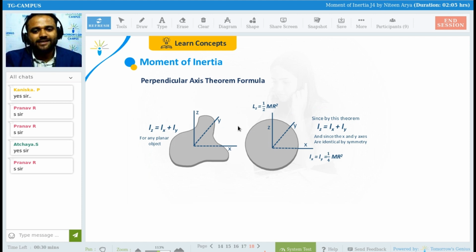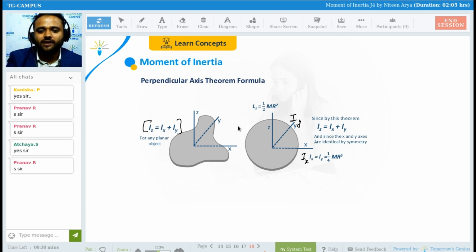Next thing is the perpendicular axis theorem. So in the same way, if we know the moment of inertia around this axis Iy, around this axis Ix, we can find the moment of inertia through Iz. So Iz is Ix plus Iy, and for any planar object, this theorem states that Iz equals Ix plus Iy.